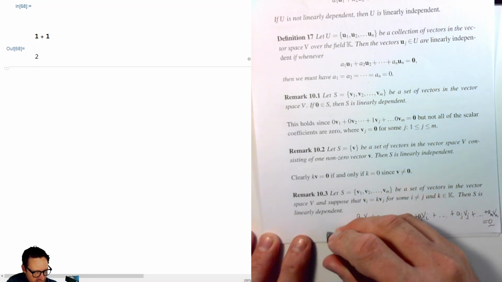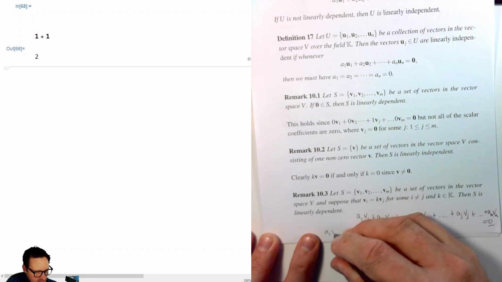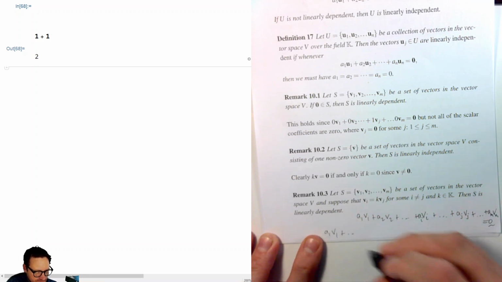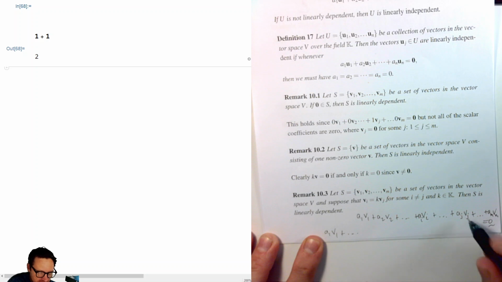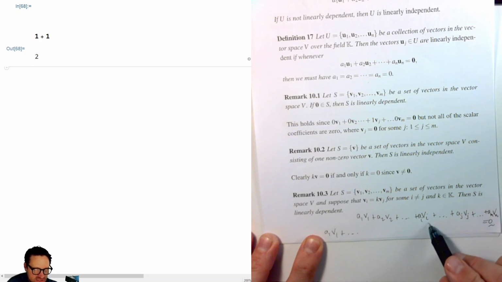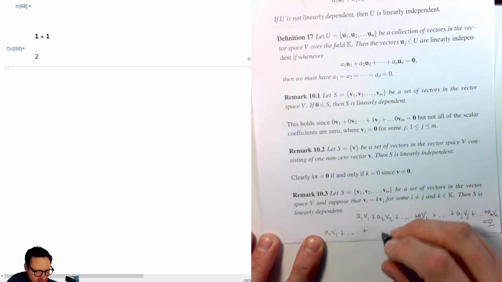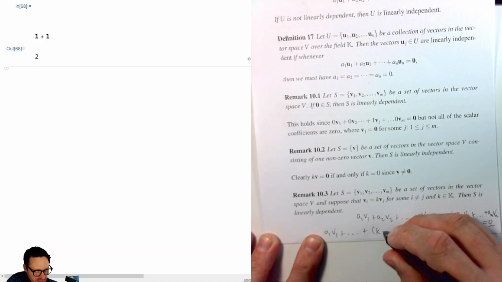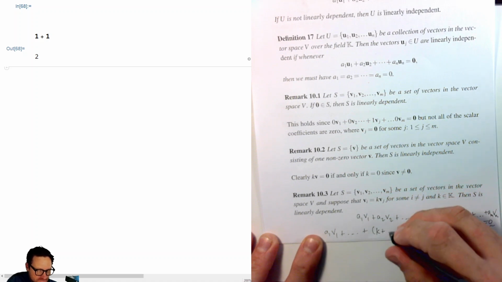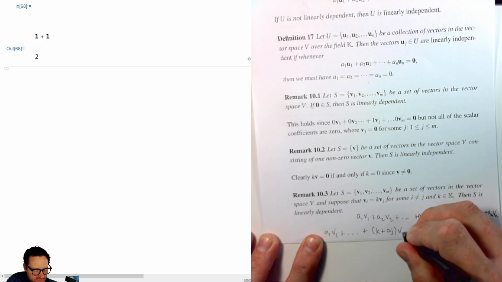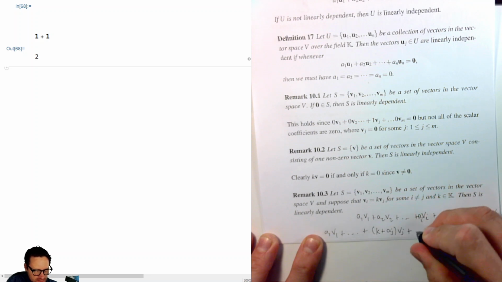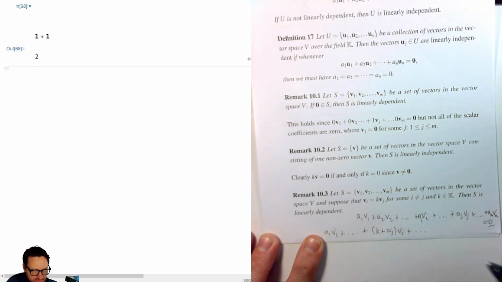Then we have the same thing, a1 v1, etc. And when we get to vj, since we have replaced vi with k vj, we get (k ai plus aj) vj, etc., am vm is the 0 vector.